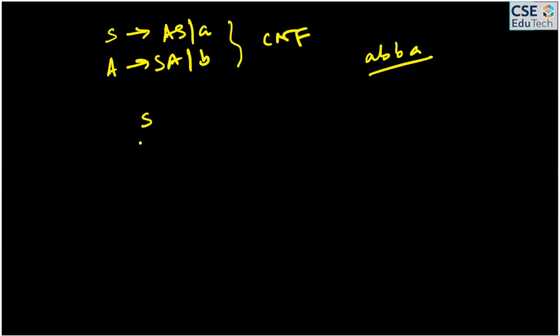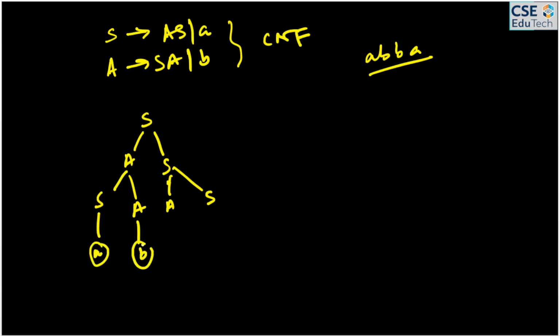The parse tree will be S to AS, and here this A will be replaced by SA, and here it will be A and S, and this will be a terminal a, here it will be b, here b, and here a. So these are basically the nodes of the parse tree.